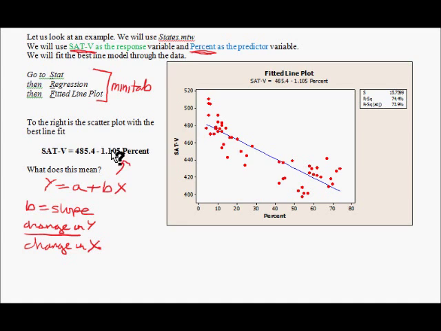So here it's telling us, for this particular data, and I should say here, make sure we say on average. We're talking about in general what happens.